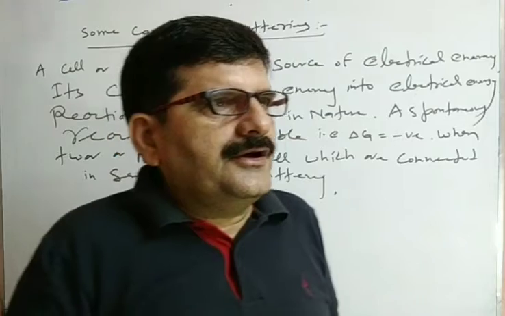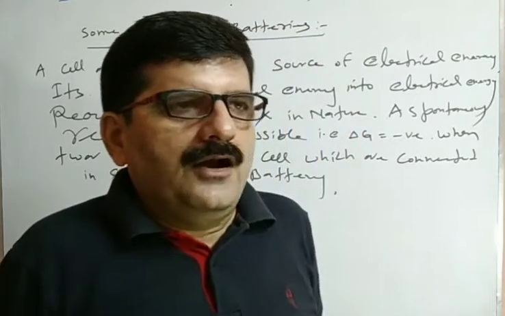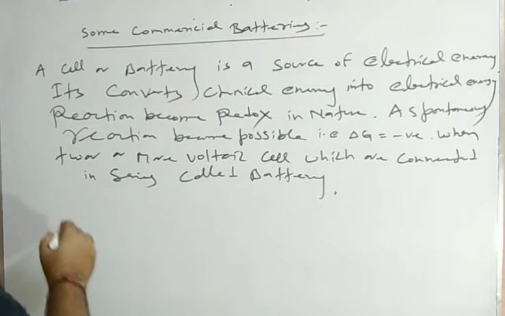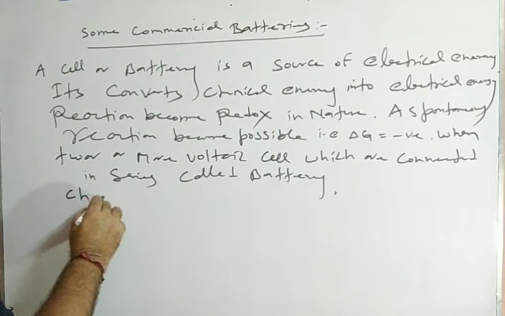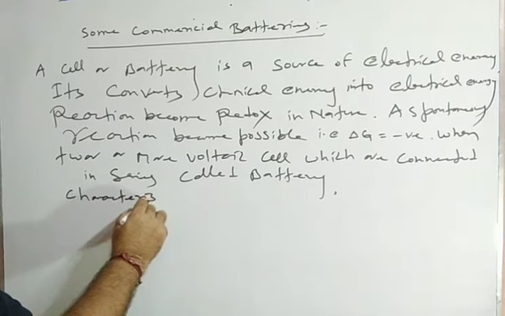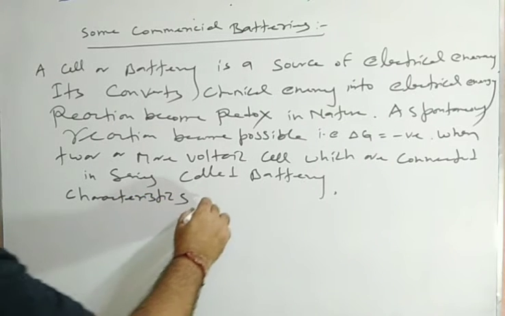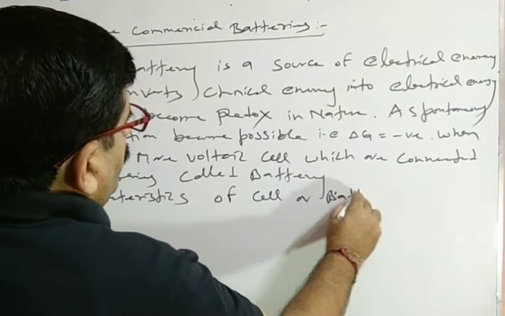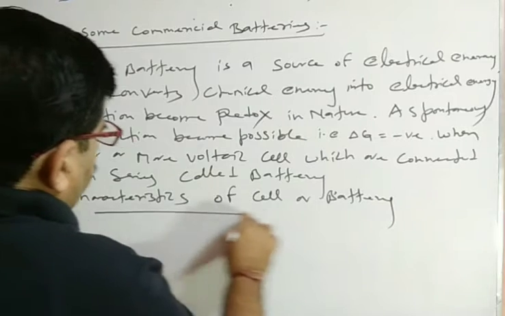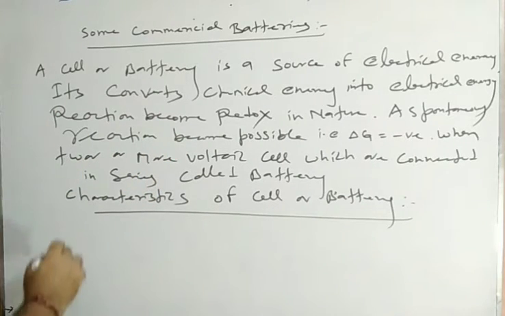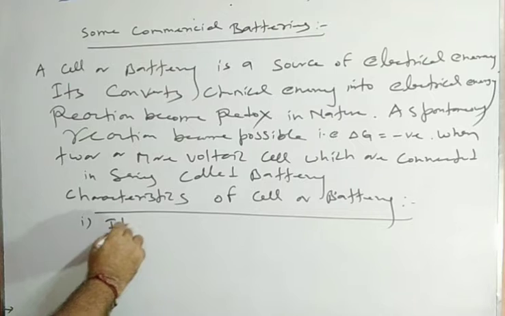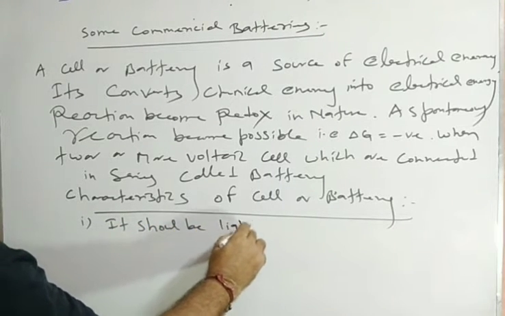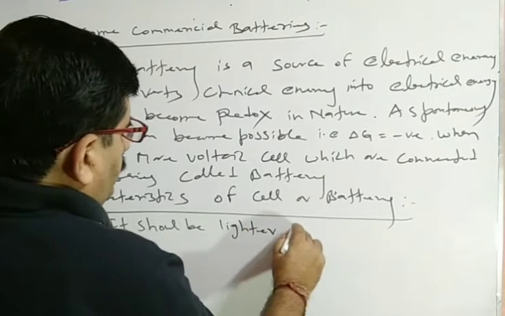Some important characteristics are expected of a cell or battery. So we can write the characteristics of a cell or battery. The first one, it should be lighter in nature.